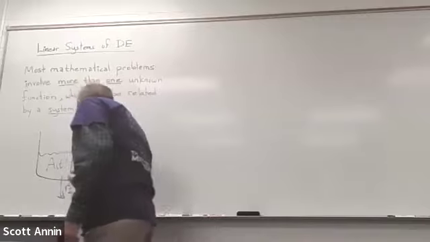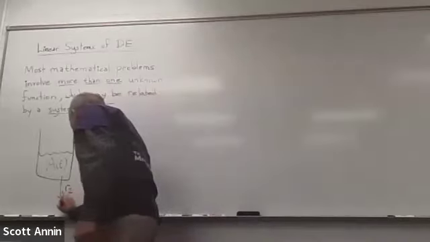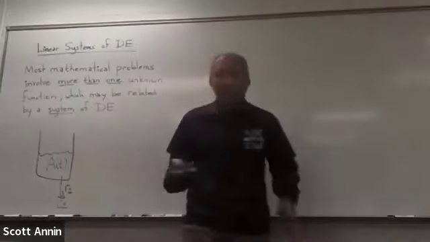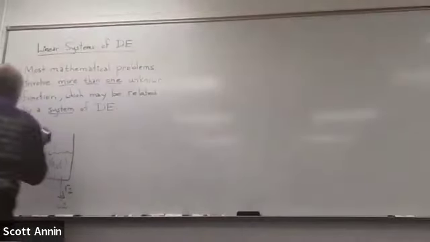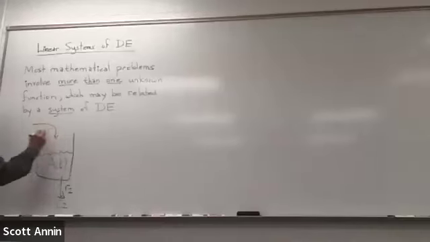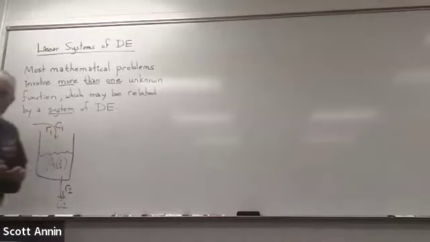Maybe the rate of the outflow from this tank is R2, and there's some concentration of chemical also leaving that tank. Let's say it's C2, and meanwhile, we might be pouring chemicals in with a concentration of C1 and at a rate of R1 as well.